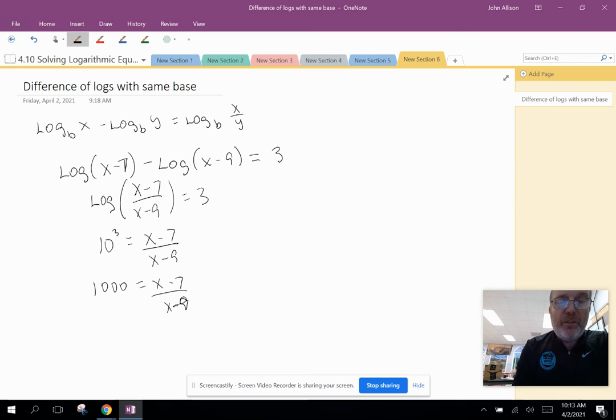When we have a variable in the denominator of a fraction, we need to multiply both sides of the equation by the denominator. We can do that because this cancels the denominator of the fraction, and we get 1,000 times x minus 9 equals x minus 7.